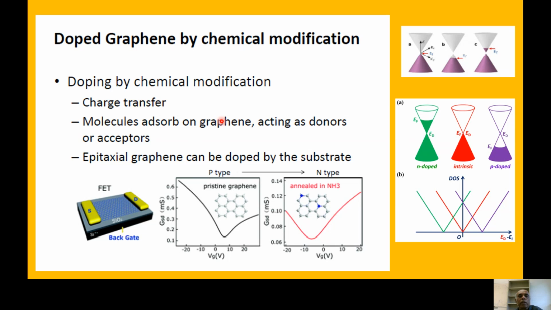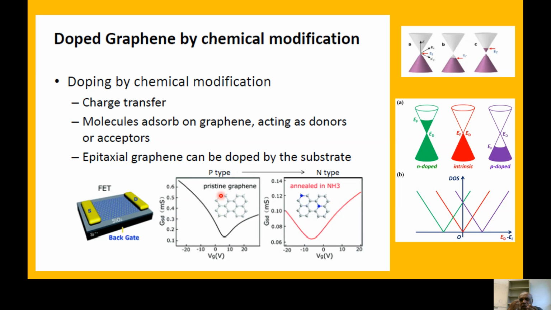You can see initially the crystalline graphene, like I said, has ambipolar properties, right? You can have the conductivity changing for both negative and positive directions. But crystalline, as-prepared graphene, people have found to be p-type.